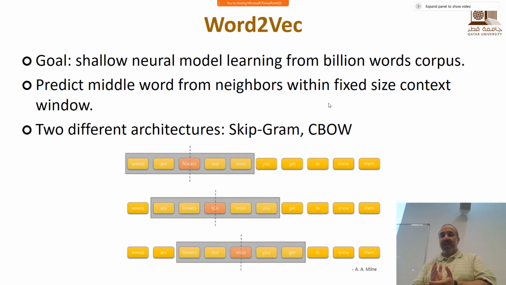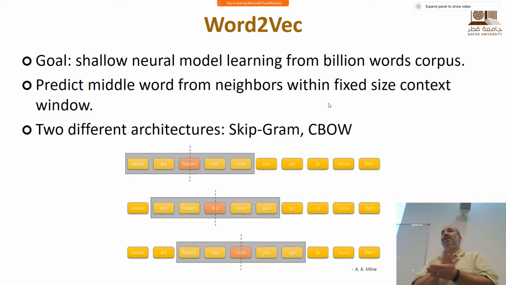So the goal is to use, as we will see, a very shallow neural network to learn the meaning of words from a very large collection of text in an unsupervised way. So we don't need any labelings, any annotations.